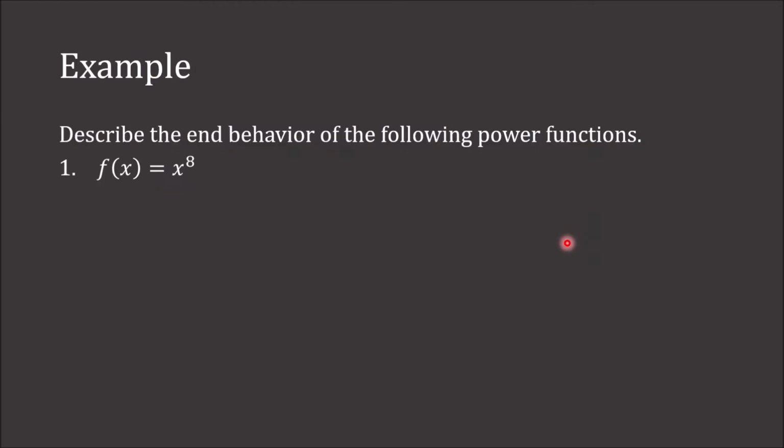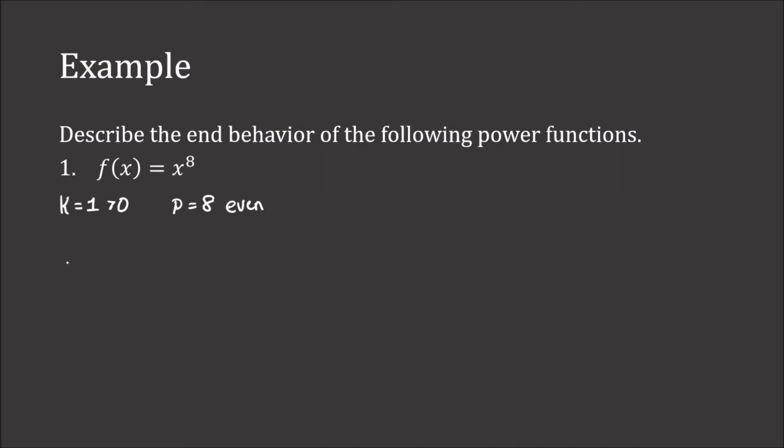So we're going to go ahead and describe the end behavior of each of the following power functions. For f of x equals x to the 8, our coefficient k is 1, which is positive. Our power is 8, which is even.